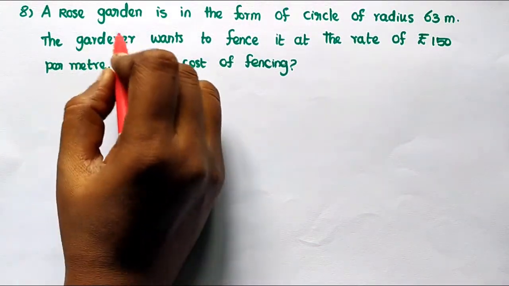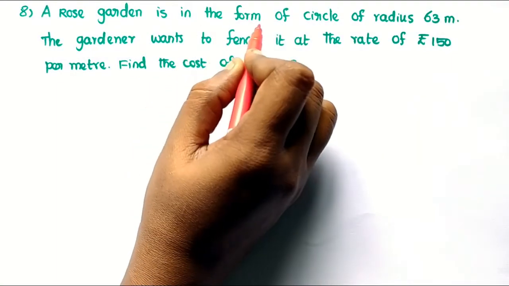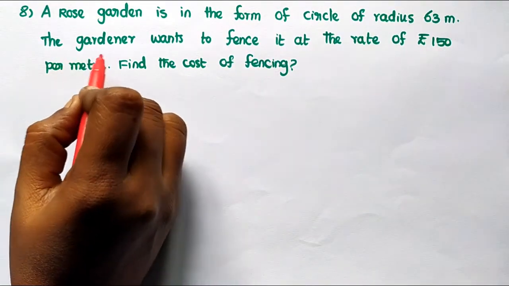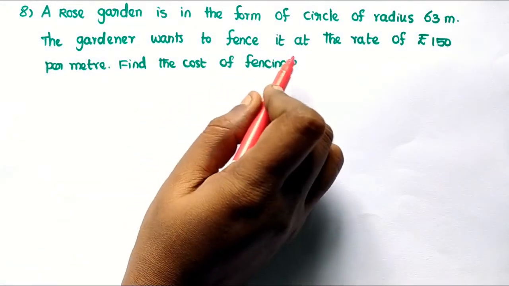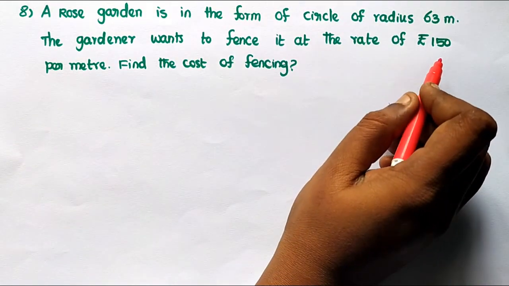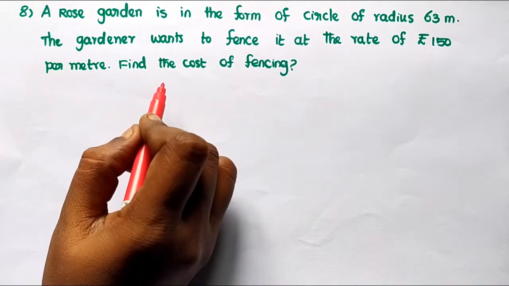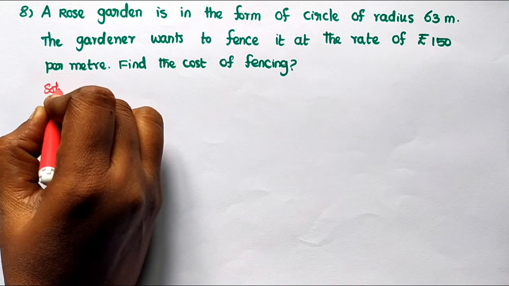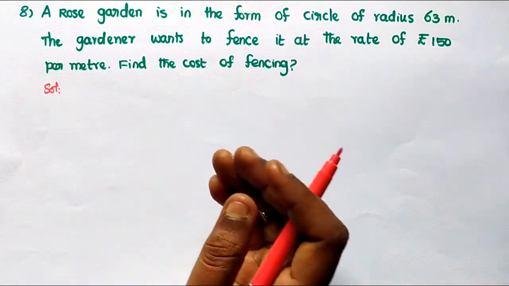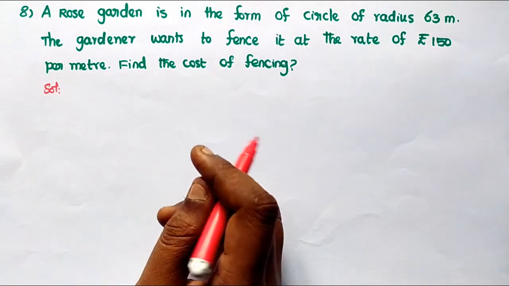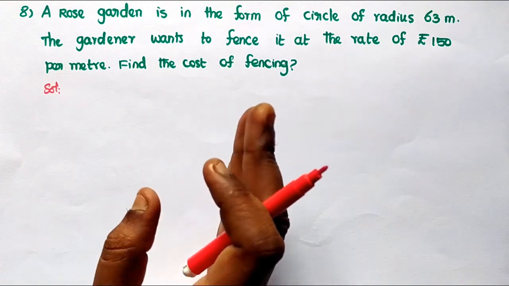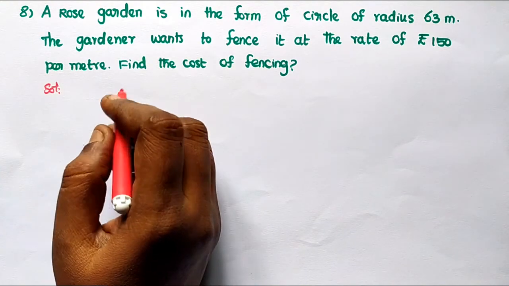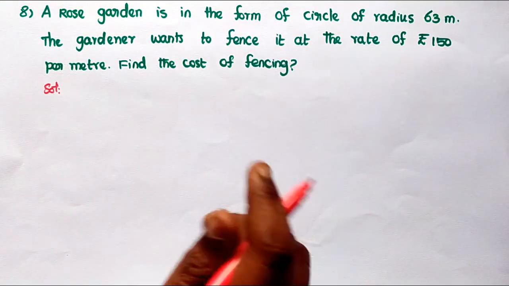8th sum. A rose garden is in the form of a circle of radius 63 meter. The gardener wants to fence it at the rate of rupees 150 per meter. Find the cost of fencing. Listen. Gardener wants to fence the garden means he wants to know the circumference, that is perimeter of the garden, right?